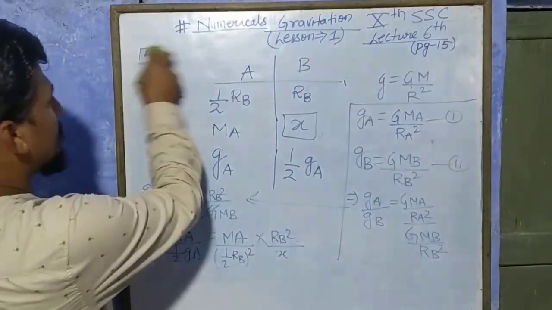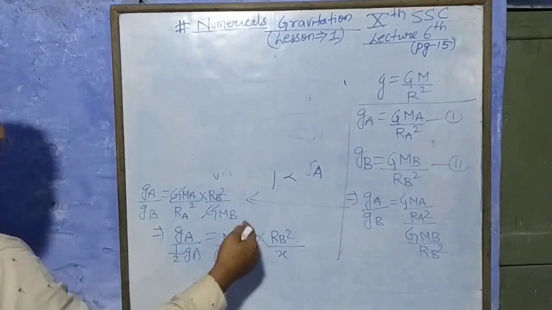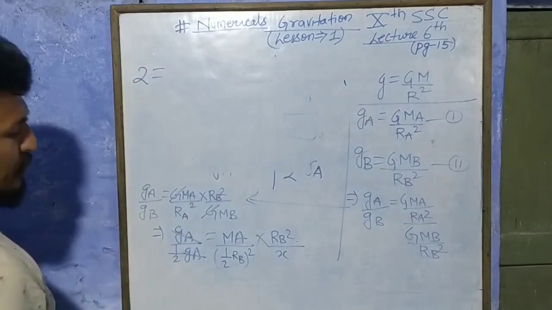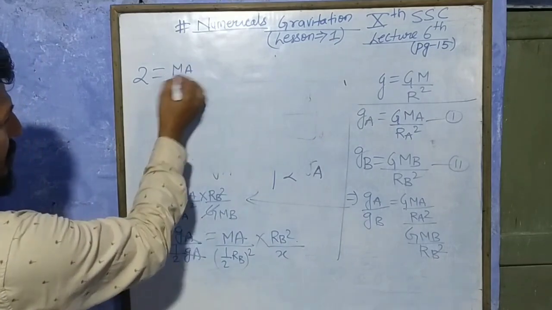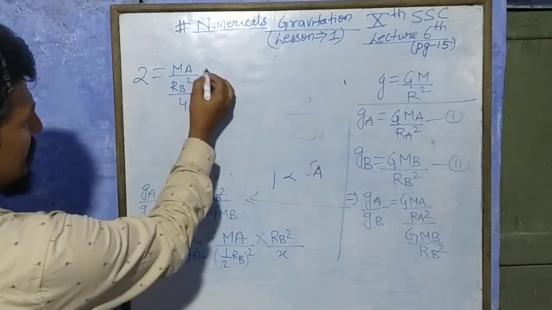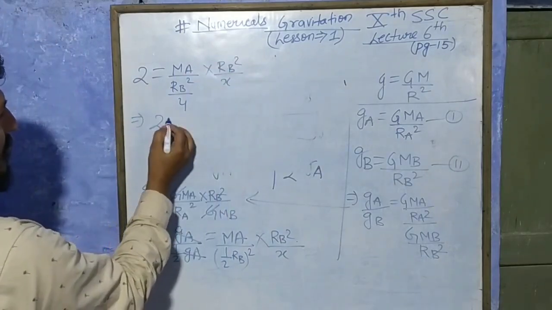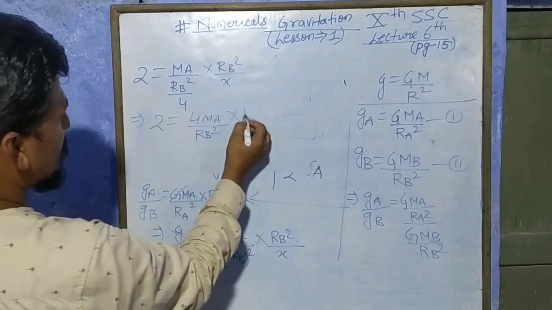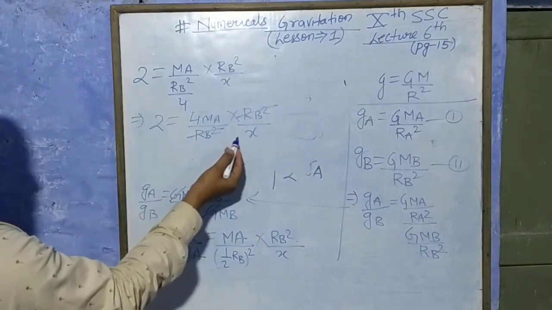How can you calculate the value? Just look on the board. This and this get cancelled. 2 will move up. So here it is 2. Now this becomes MA by RB square by 4, into RB square by X. Now it becomes 2 equals 4 MA by RB square into RB square by X. RB square will get cancelled.